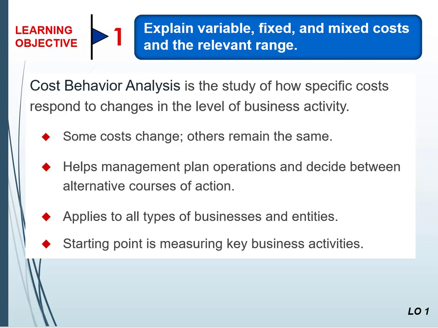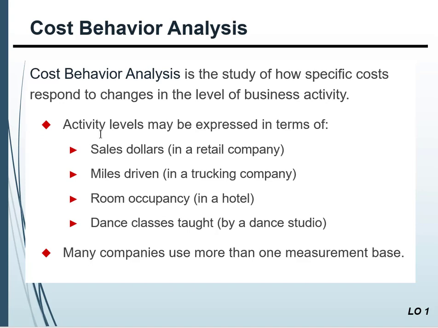So the starting point, though, is we have to understand something about business activity, right? What is the business activity that we're going to be able to base our decision making on? When we're thinking about these activity levels, each company, each process, each product could have a different way of measuring activity levels, right?